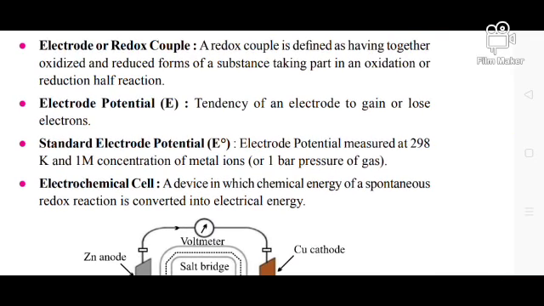And the electrode potential, which is represented as capital E. So what is the electrode potential? My dear friends, the tendency of an electrode to gain or lose electrons is known as electrode potential.